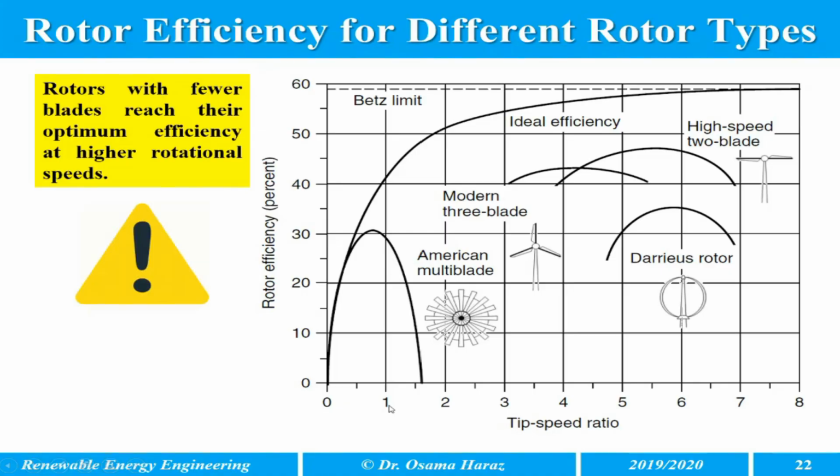The multi-blade reaches its maximum value at a small tip speed ratio, but fewer blades reach the maximum efficiency, like here and here and here, at a higher tip speed ratio. And the maximum will not exceed the Betz limit, as we mentioned before.